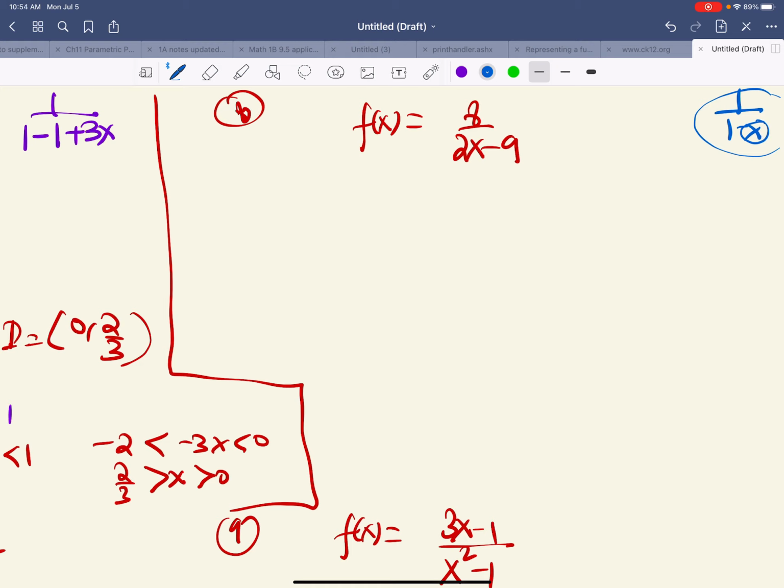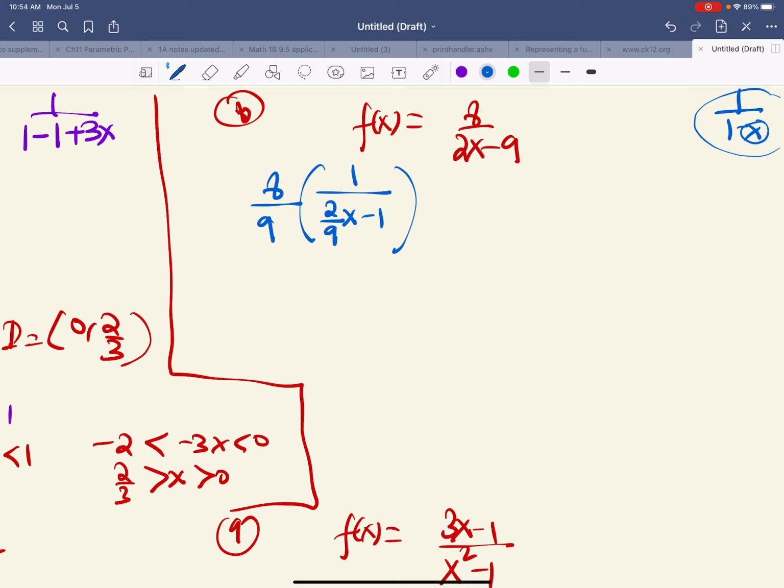So I can pull out 8 halves, actually, let's pull out 8 ninths first. And that would give me 1 over (2 over 9 x minus 1), right? 2 over 9 x minus 1.